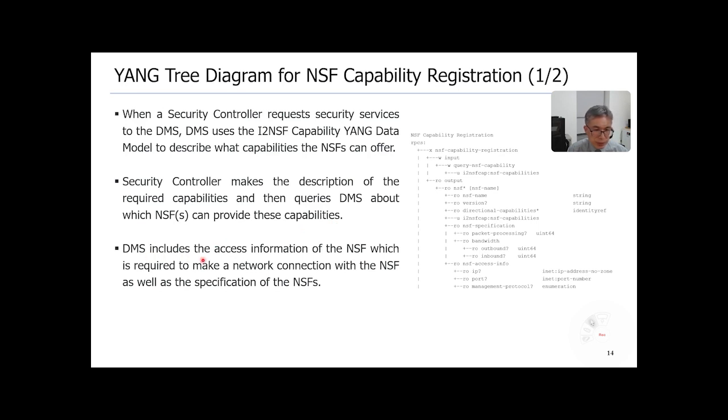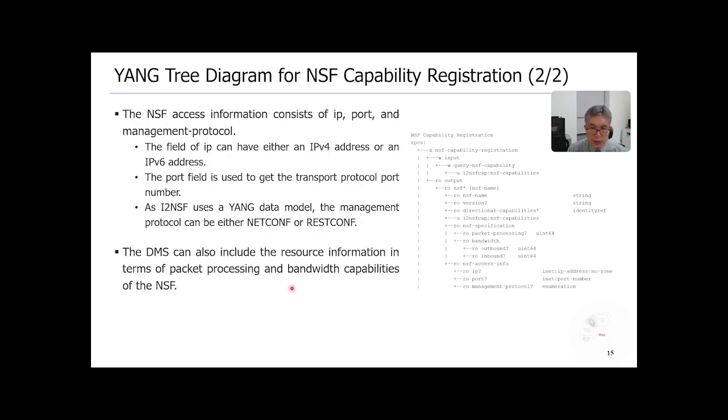The DMS includes the access information of the NSF, which is required to make a network connection with the NSF, as well as the specification of the NSFs. We saw access information consists of IP address, port number, and management protocol. The DMS can also include the resource information in terms of packet processing and bandwidth capability.